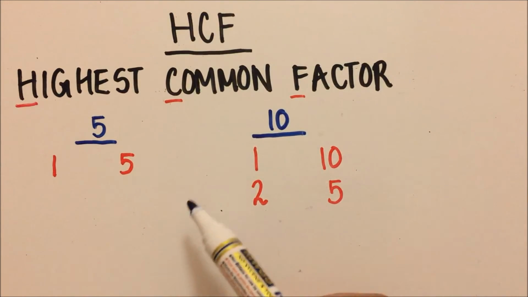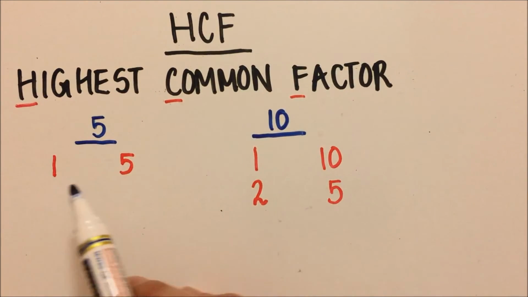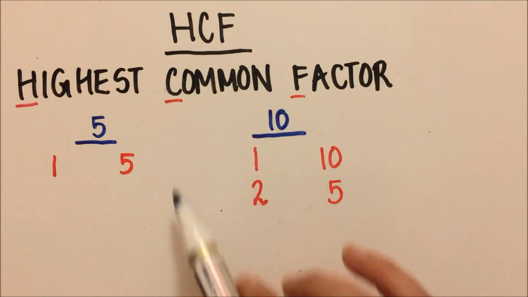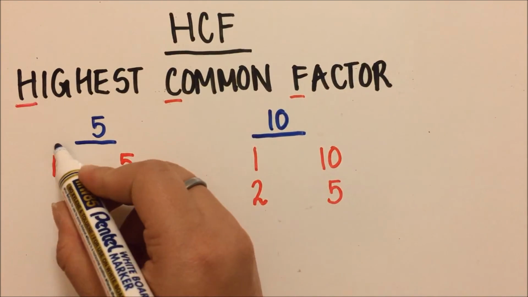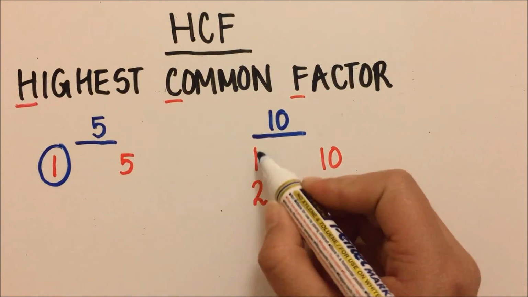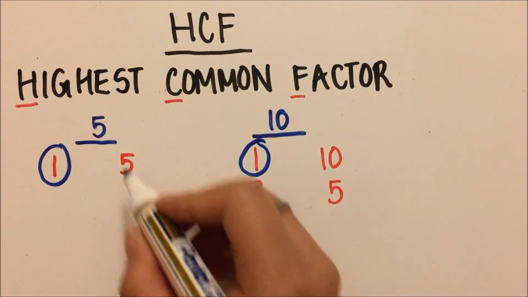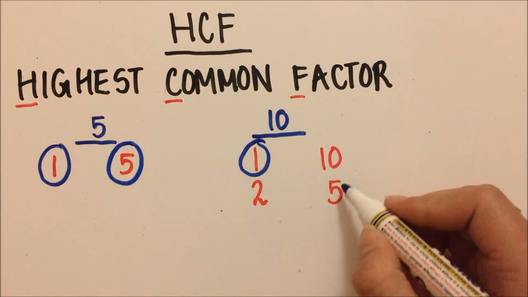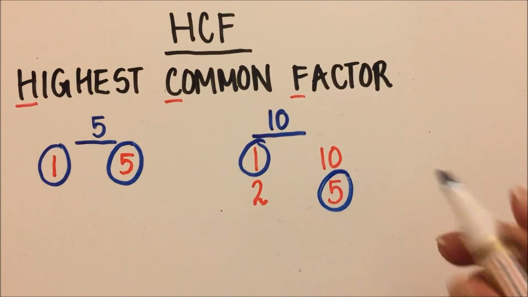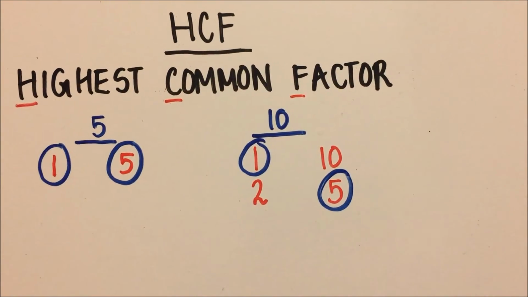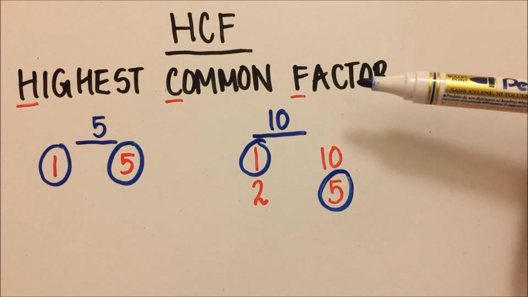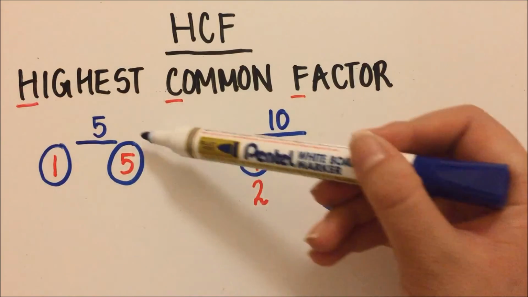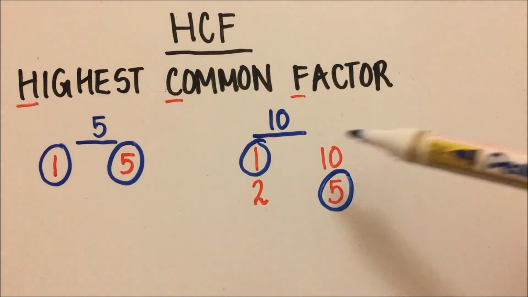So circle all the common factors. So this is one list and this is your second list, and circle all the common ones. So 1 is the common one and 5 is also common. So we worked our way backwards and we found all the factors because these are the factors.